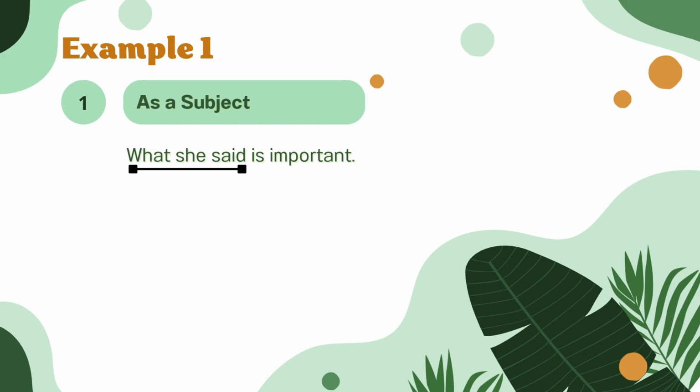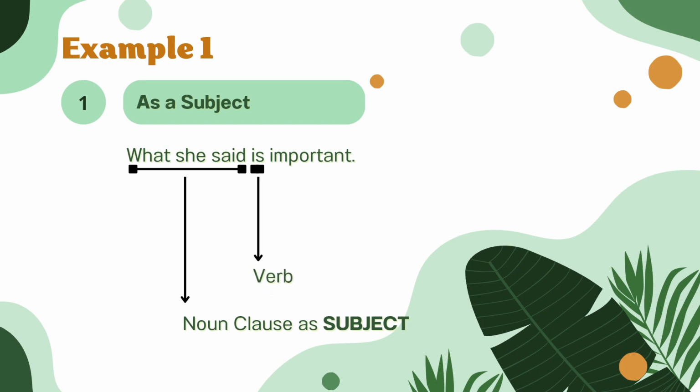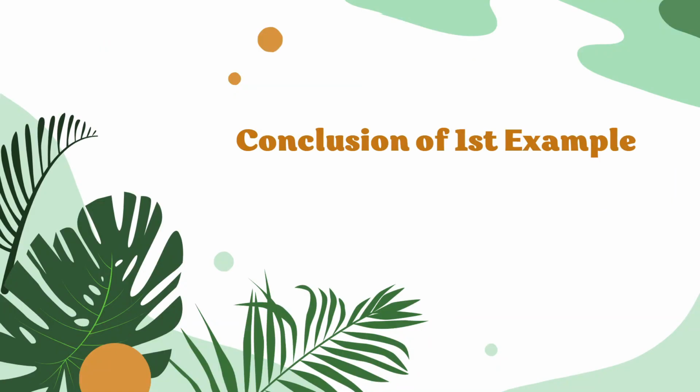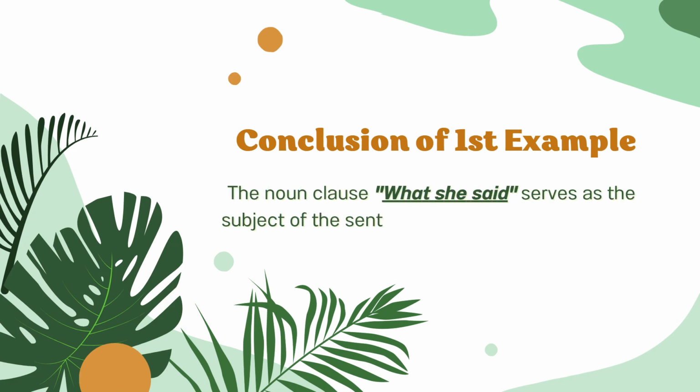"What she said" has a function as noun clause as subject, and then "is" has a function as verb, and then "important" has a function as adjective. From the example, we can conclude that the noun clause "what she said" serves as the subject of the sentence, replacing a single noun.